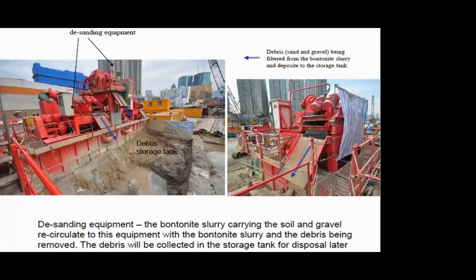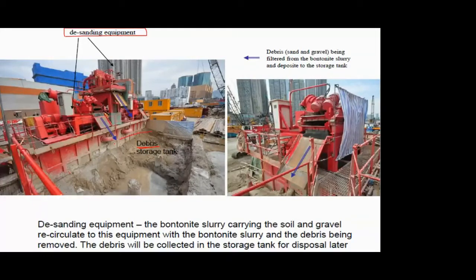And I told you that whatever bentonite slurry there is, you can reuse it. When you pump it out, you pass it through desanding equipment, a machinery known as a desanding machine. It takes the bentonite slurry removed from the trench and sieves it. Whatever debris is there is nothing but the soil which has been mixed with that slurry, and that is removed.